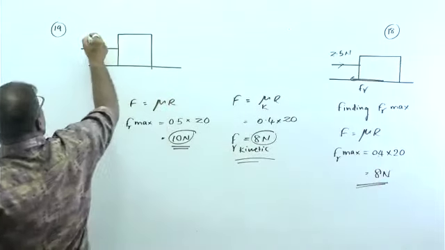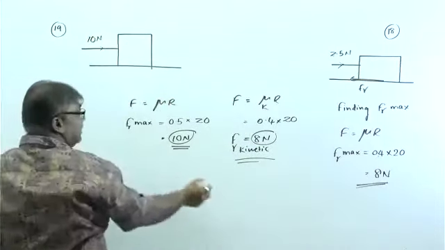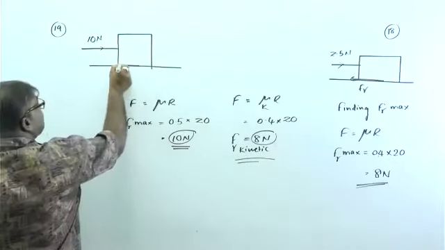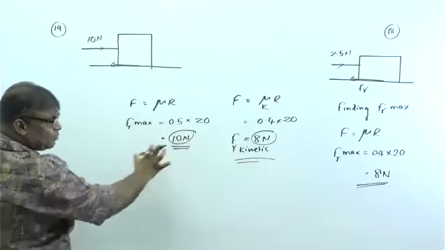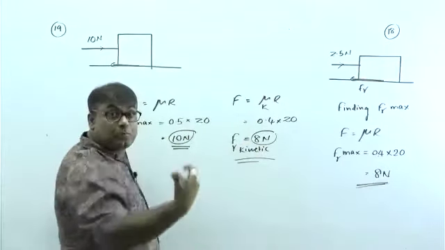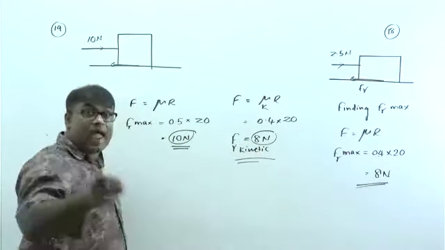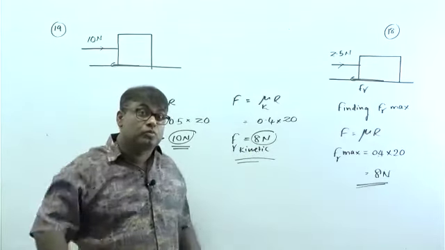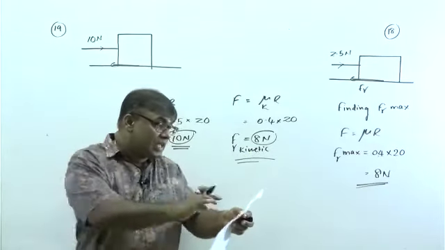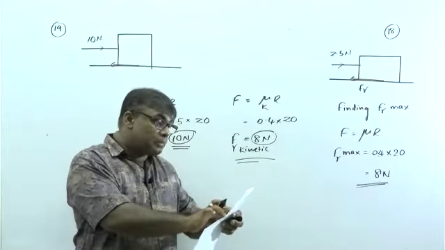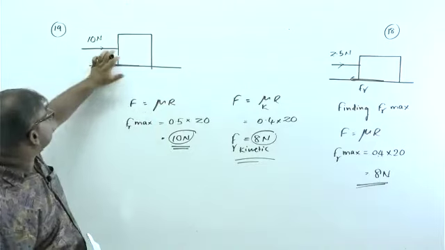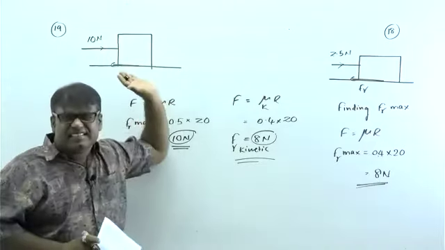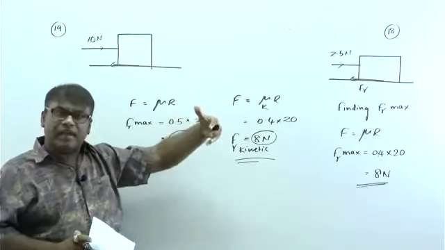Applied force is 10 Newton. Then it drops. The frictional force drops as soon as it starts the motion, as it starts to move. They have said 10 Newton is applied to start the motion. Now, 10 Newton is just enough to drag the object, on the verge of dragging.